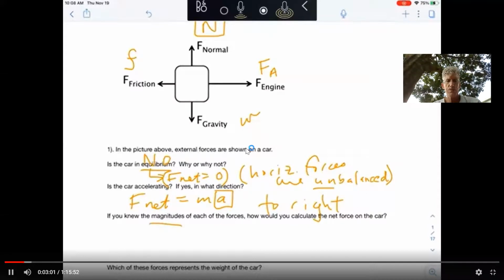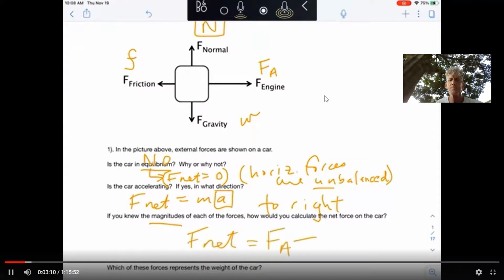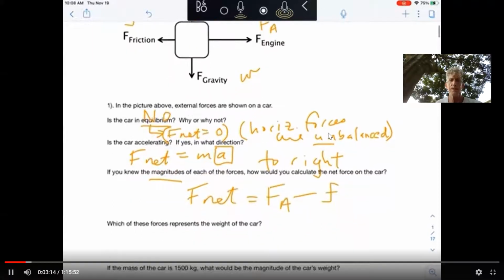If the force of the engine, applied force, and the force of friction were known, I would just simply subtract the two. So it's always bigger force minus smaller force.